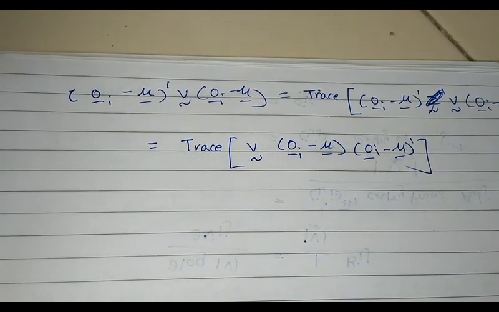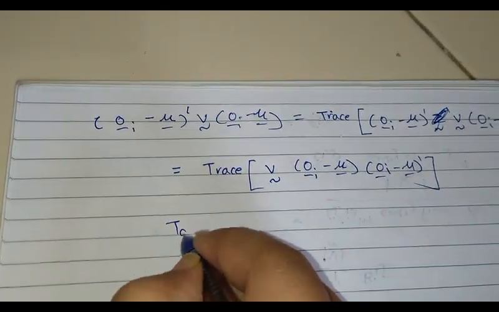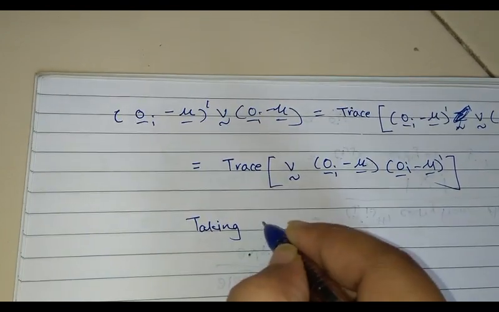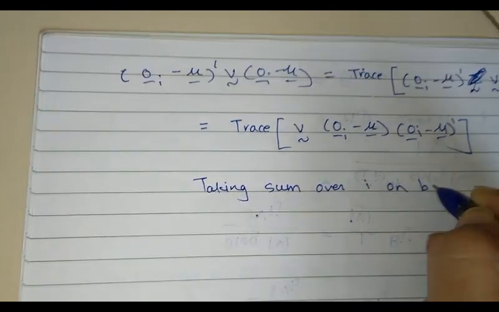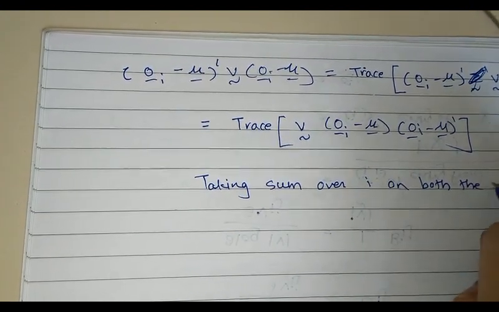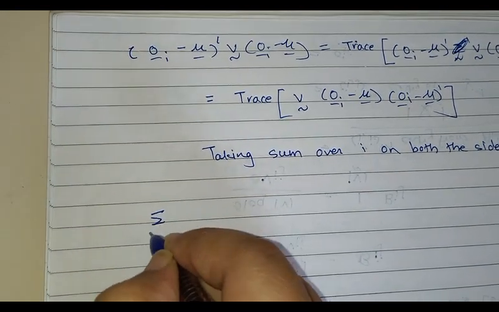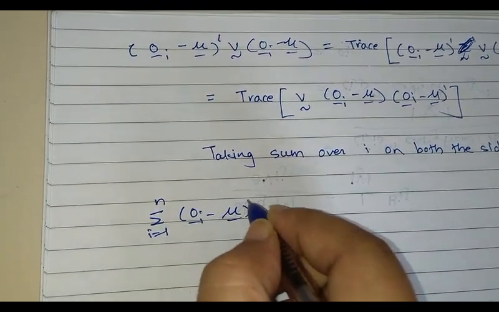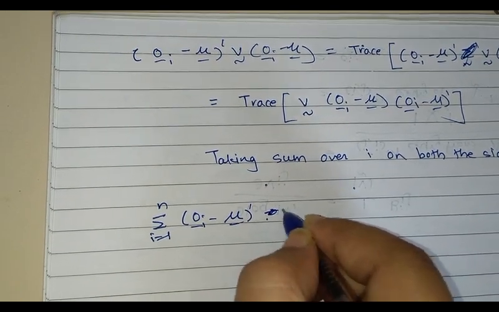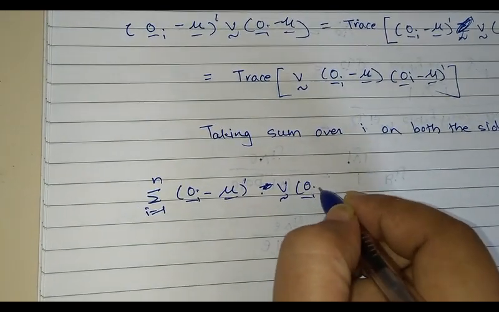So now taking sum over i on both the sides, what I get is sum over i going from 1 to n y minus mu prime V y minus mu.